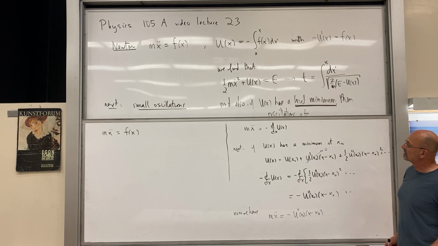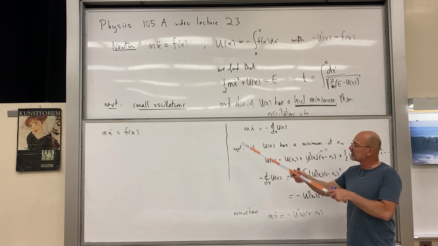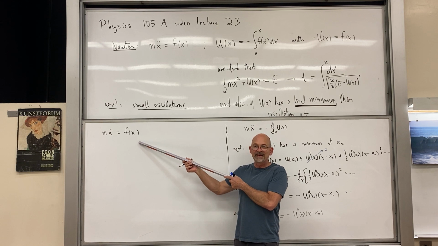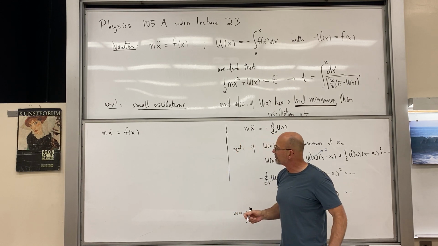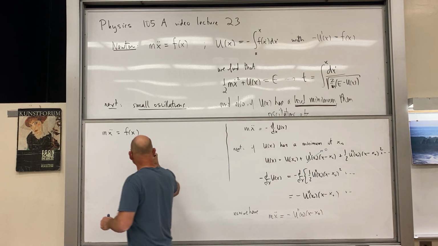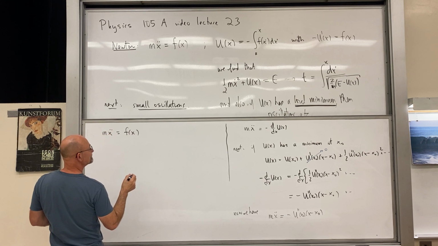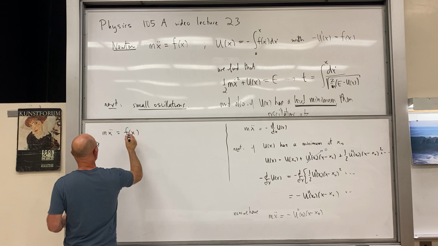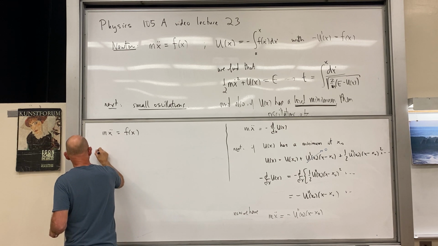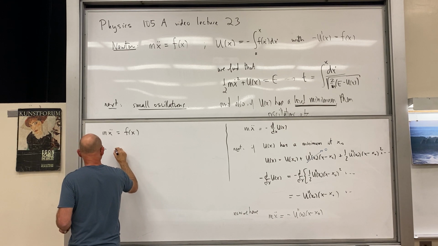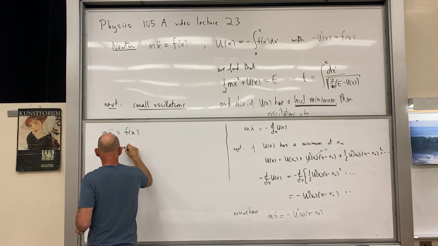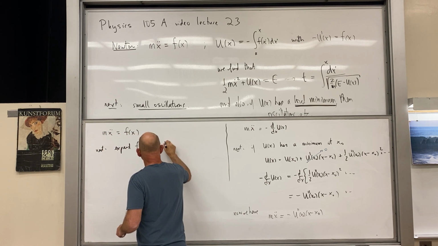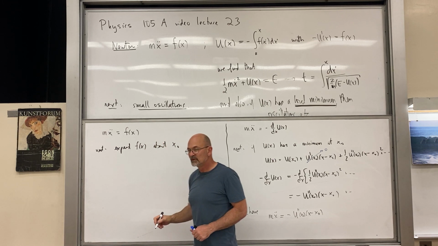Okay. The left side, we're talking about small oscillations. So of course we can also expand f of x in a Taylor series. And let's do that. So, next, on this side, expand f of x around x0.